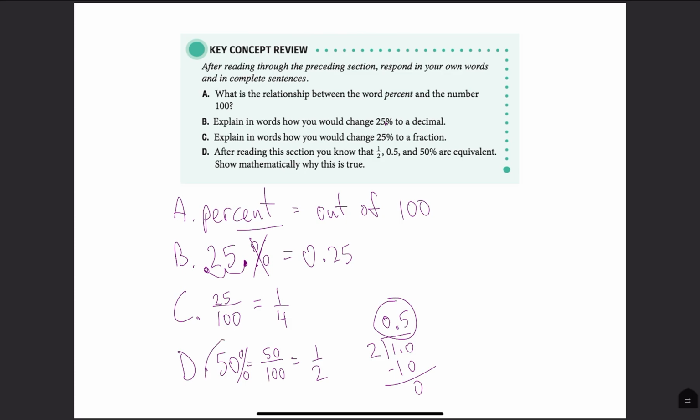If you turn the percent into out of 100 and reduce, you get the fraction. So hopefully you see how fractions, decimals, percents are all connected. They're all 3 different ways of expressing the same information, and that will hopefully get you started on 7.1, and we'll see you in 7.2.